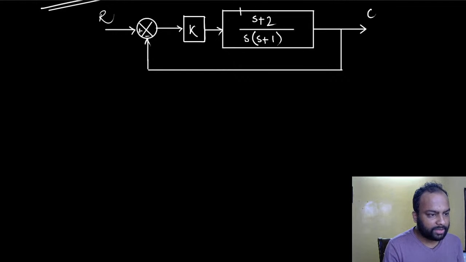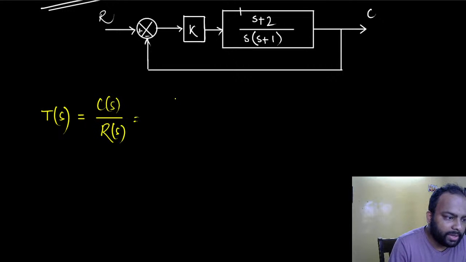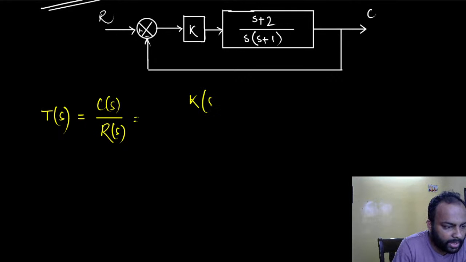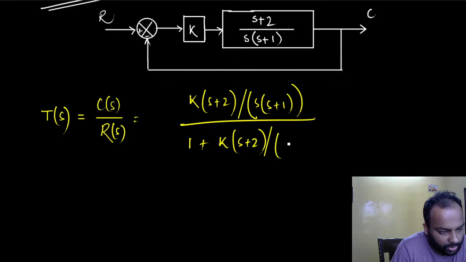All right, so our transfer function is G(s), H(s) and whatever K. So again, if I write down the closed loop transfer function, which is C(s) by R(s), that's going to be this whole thing here. So this is going to be K(s+2) divided by s(s+1), whole divided by 1 plus K(s+2) divided by s(s+1), right?